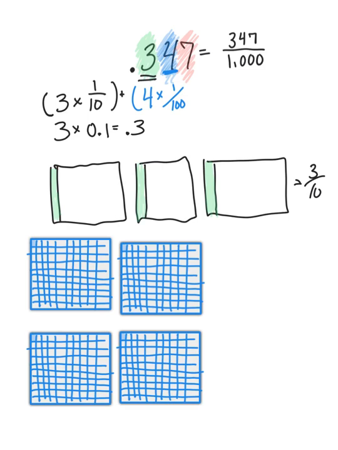So when you guys do this on a calculator, if you multiply 4 times 1/100th, it's going to give you a product of 4/100ths. And this is what that would look like in visual form. 100th here, 100th here, 100th here, and 100th here.